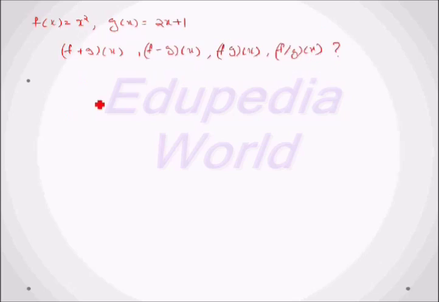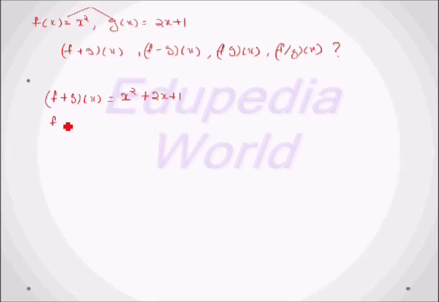Okay, so we have f plus g of x equal to the sum of these two, that is x square plus 2x plus 1.